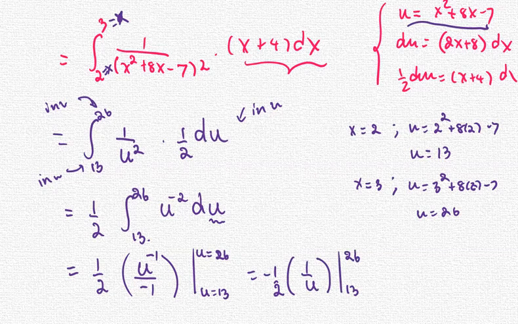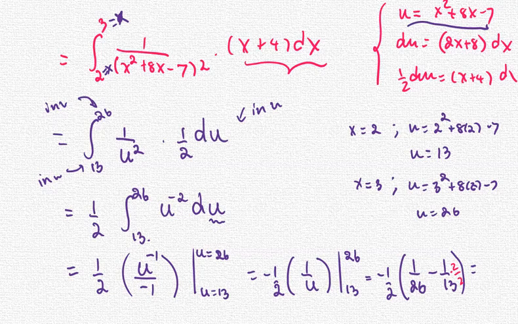See, everything is in u form, so I omitted writing u for the upper and lower limit part because they are understood to be the u value. Now I get 1 half, evaluate 1 over 26 minus 1 over 13. And 1 over 13, multiply by 2 divided by 2. So 1 minus 2, that's negative 1 over 26. And then I get the final answer as 1 over 52.